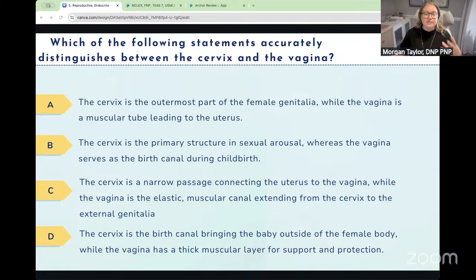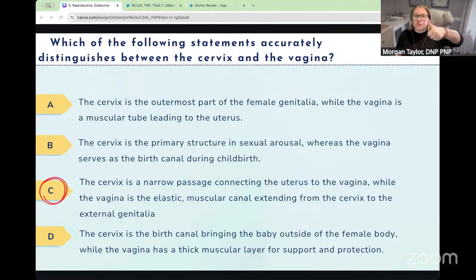So during delivery or during labor, I really should say, the cervix does something called effacement, where it actually first dilates and gets up to 10 centimeters and then effaces or thins so that we don't have as much of a gate blocking that passageway. Again, that's kind of like the door opening so then the baby can actually go out the birth canal, which is the vagina. Okay. You guys have got that. I think we are good. We understand why C is correct here.